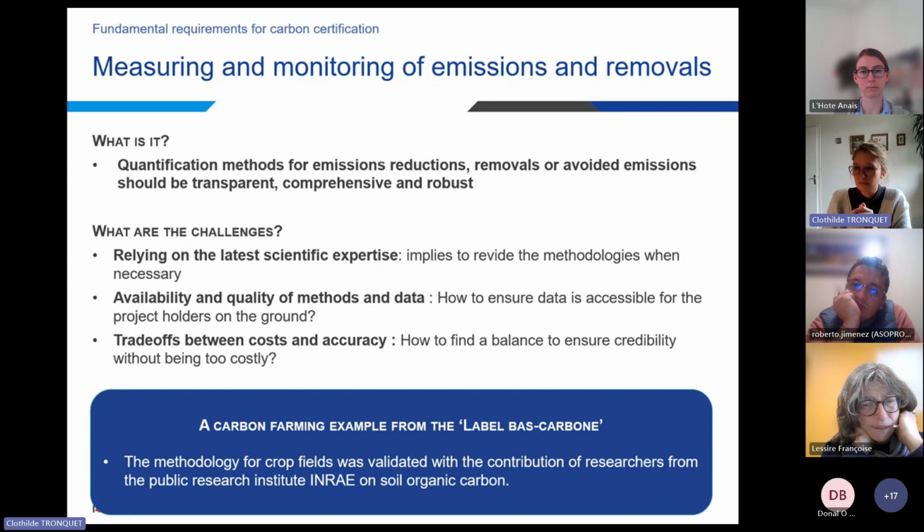And I'm giving some examples for each criteria from the Label Bas Carbone, because this is the one I know the most. So one of the good practices about the quantification methodology was the crop field methodology, which is about soil carbon and that kind of measures. It was really built with the contribution of researchers from the public research institute in Hague.